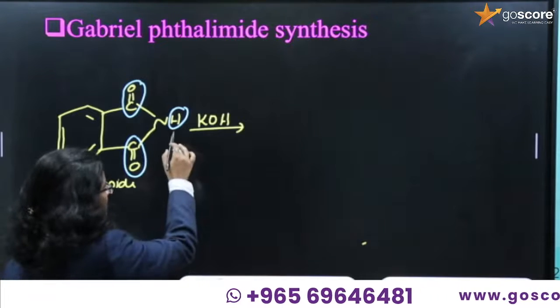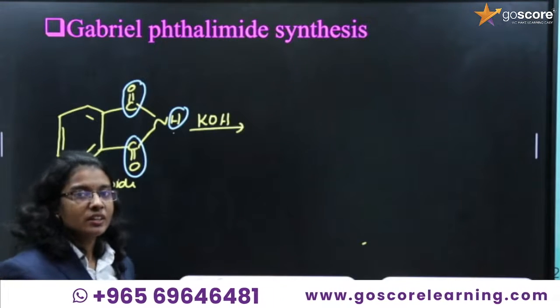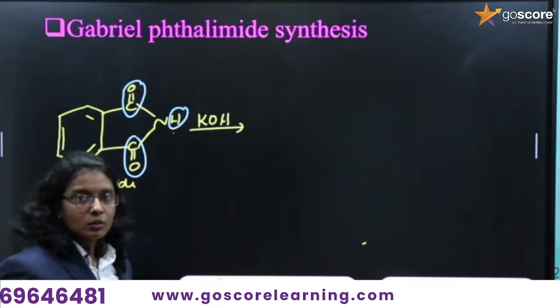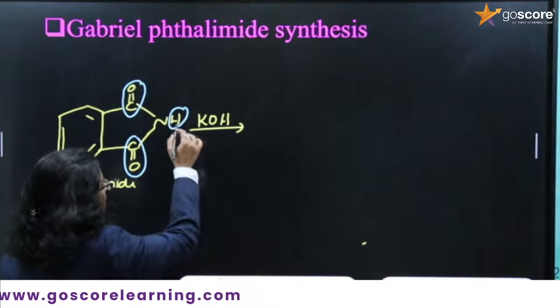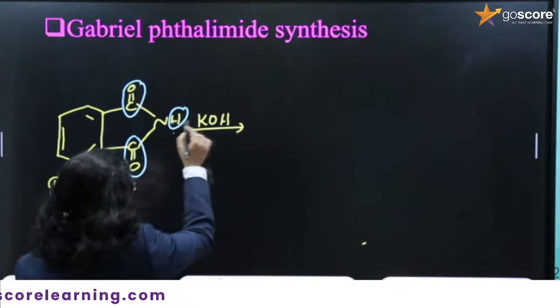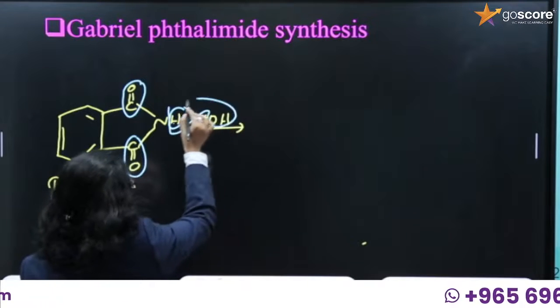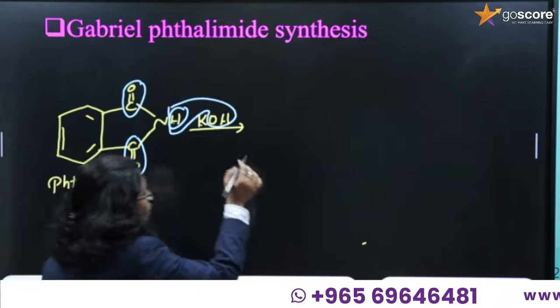So, when an acid reacts with base, as studied in your 10th standard, you will get salt and water. So from here, this H and this OH will be eliminated as water molecule, and this potassium will be attached to the nitrogen.